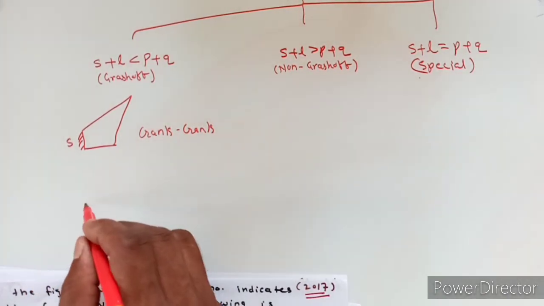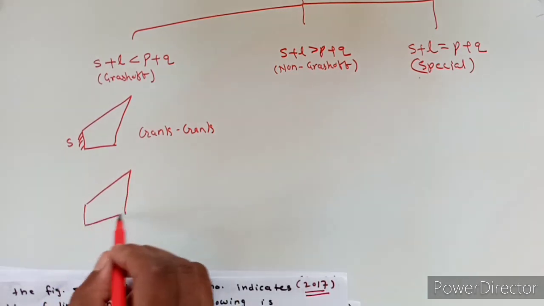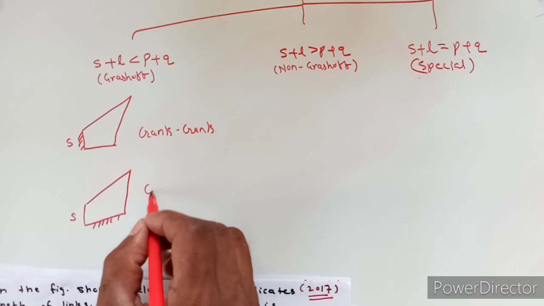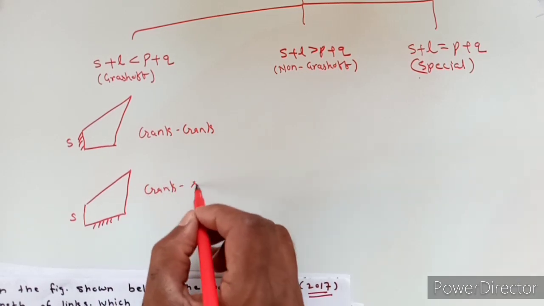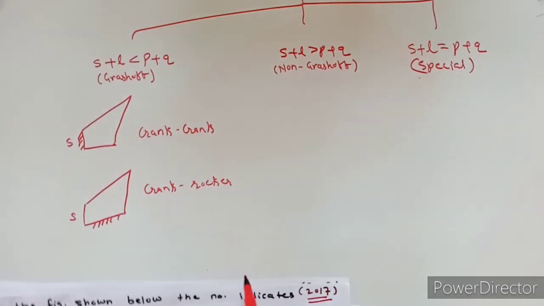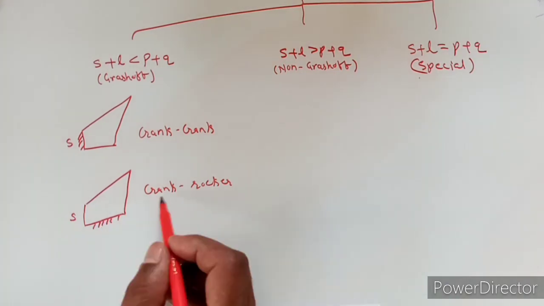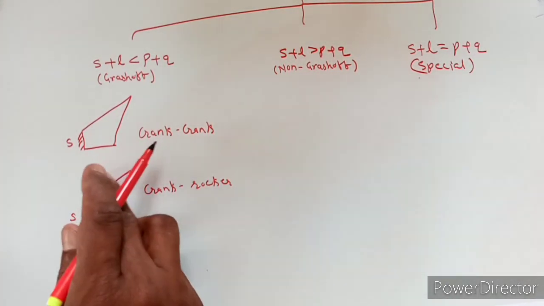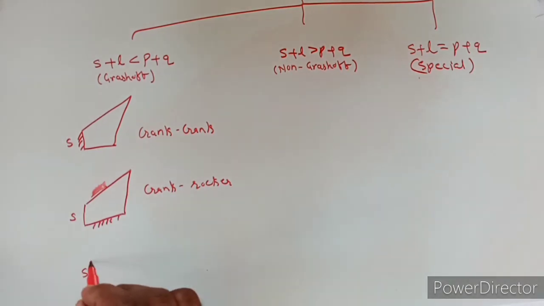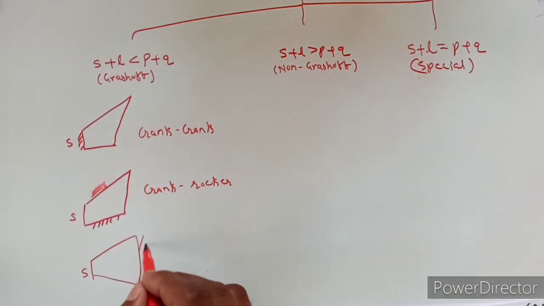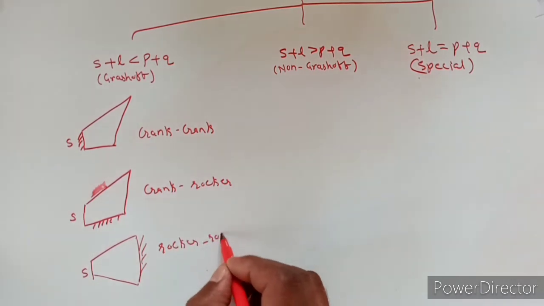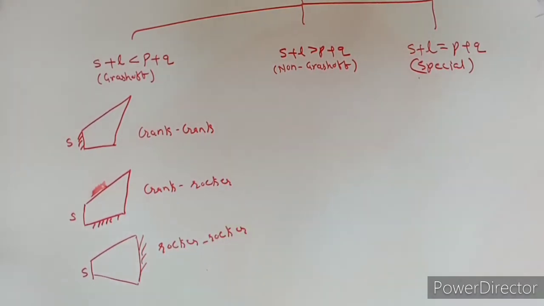If you fix any one of the links adjacent to the shortest link, I will get a crank rocker mechanism. The same will be obtained when we fix this link. If we fix the link opposite to the shortest link, we get a double rocker mechanism. This is how we will identify.